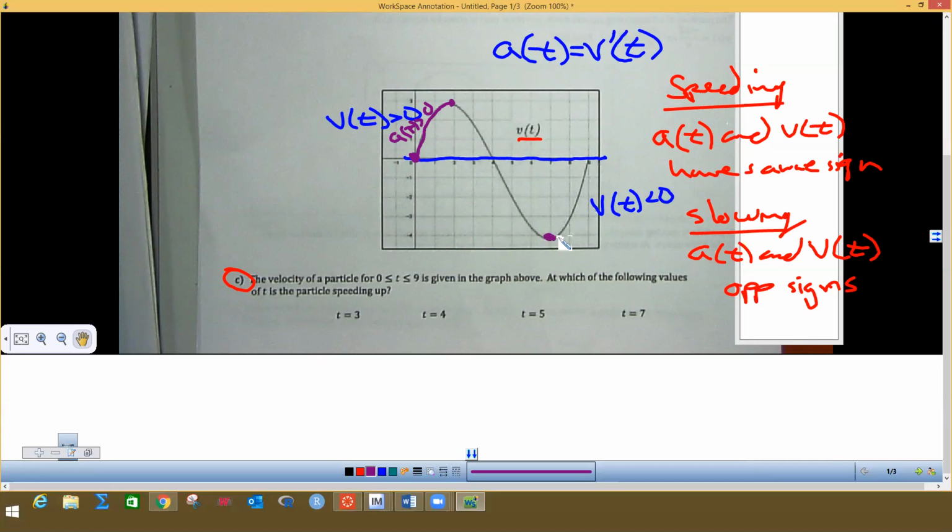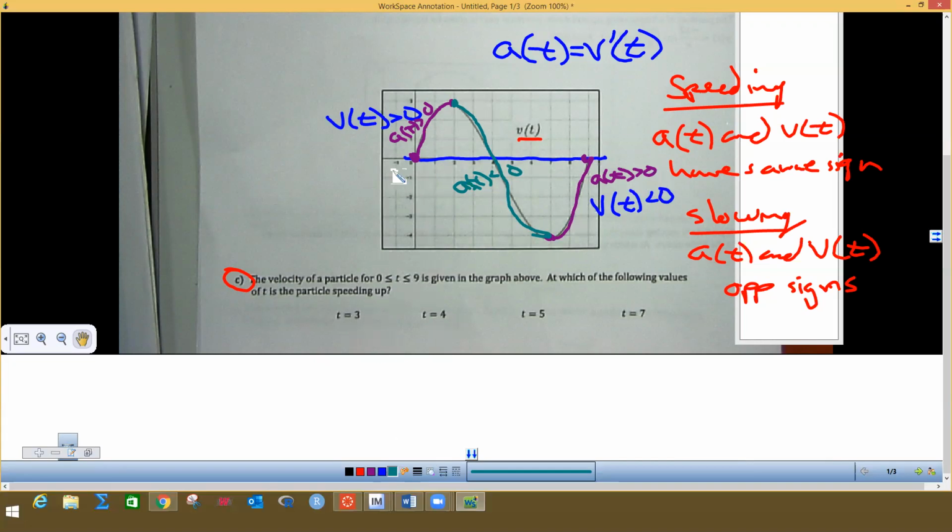And it's also positive from here going up to here. So a(t) is greater than 0 because the function's increasing. The function is decreasing from up here all the way down to this bottom point. So in here is where a(t) is less than 0, decreasing.